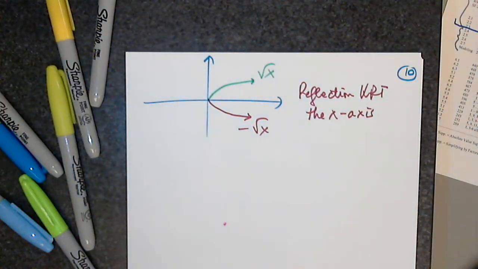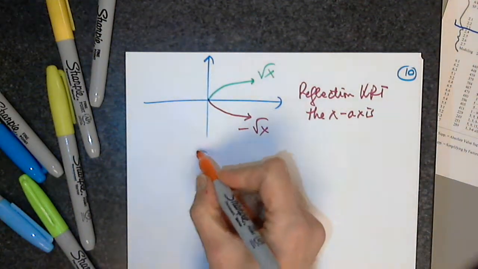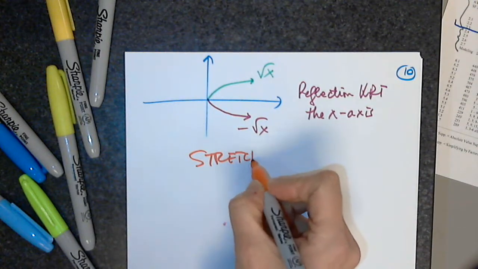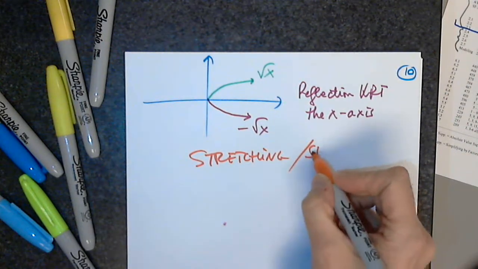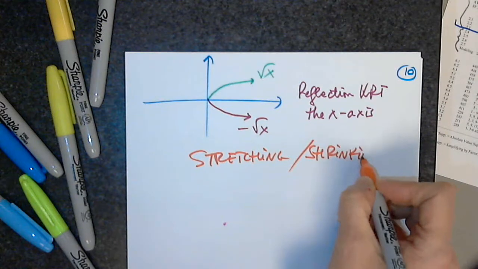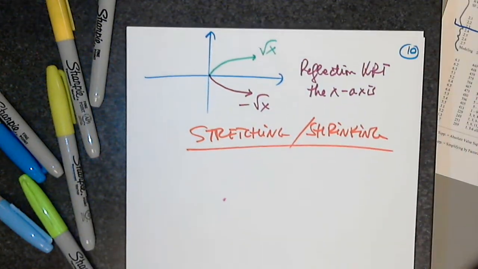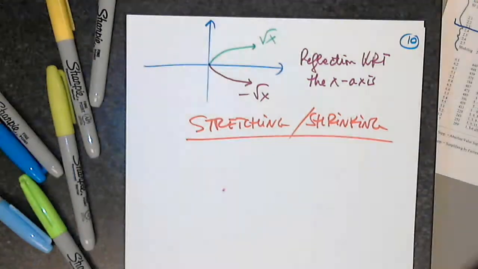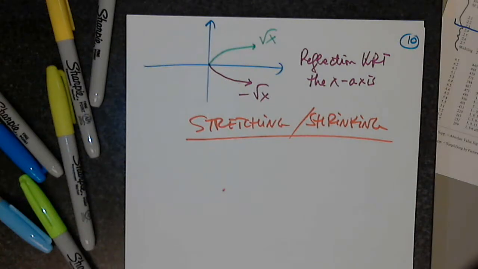So now the last type, stretching and shrinking. Let's look at the vertical one, and then the horizontal one.